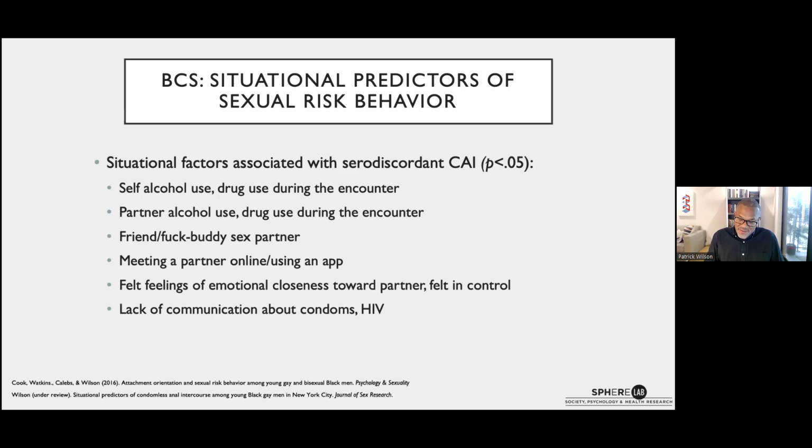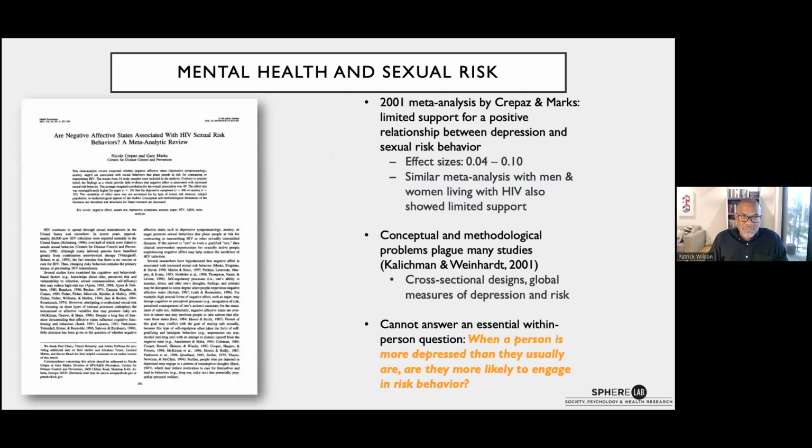Also partner behaviors, so independent of whether a person, the target, used anything, if their partner used something, there was a relationship to condomless anal intercourse for the episode. And then types of partners. And notably, lack of communication about condoms or HIV also being related to serodiscordant condomless anal intercourse, which again is something I'd like to come back to at the end. Hopefully we'll have time.